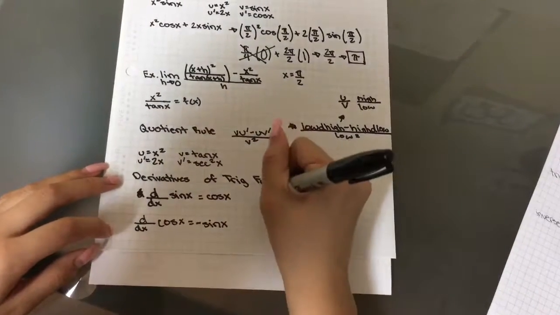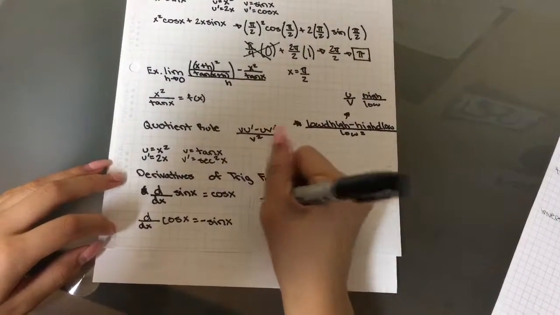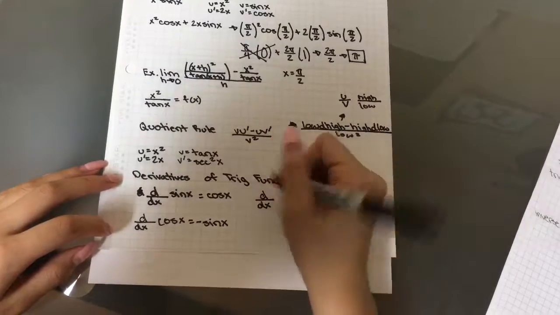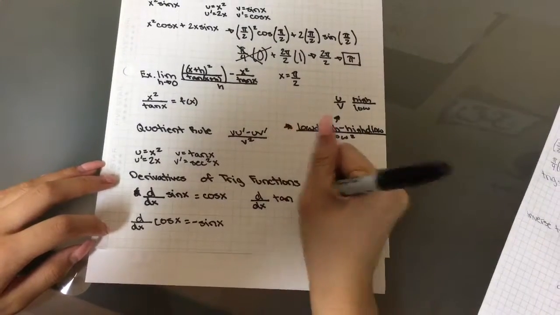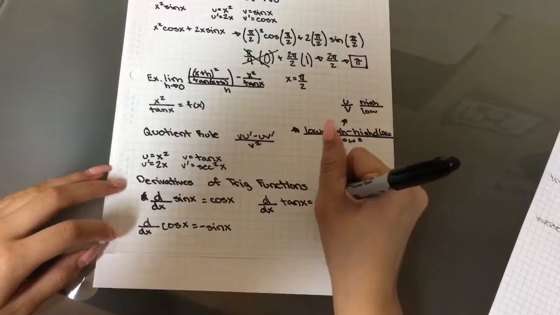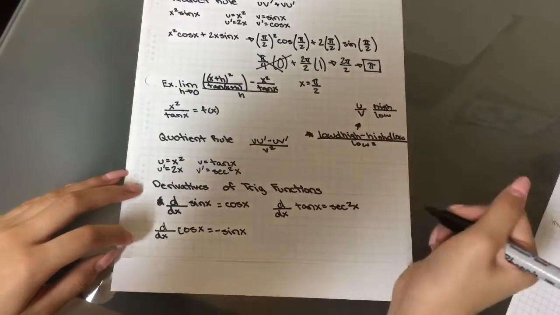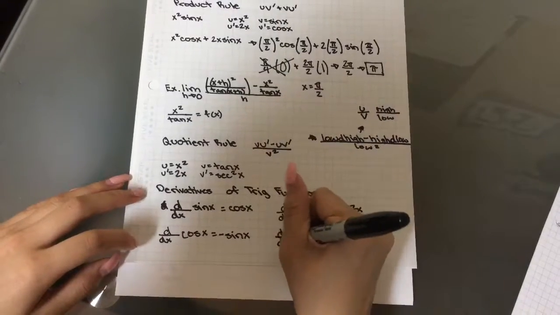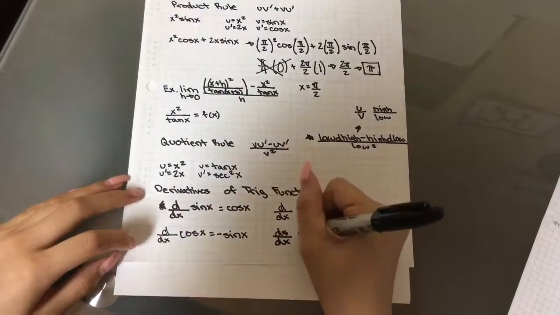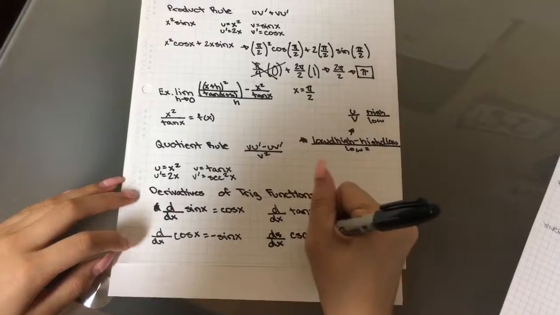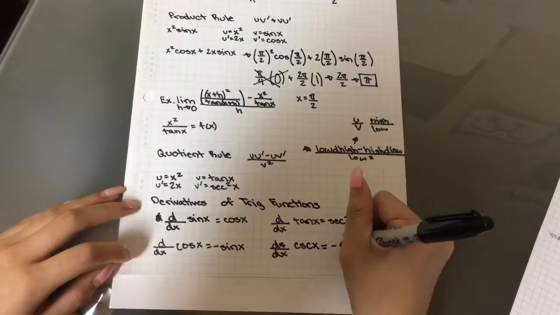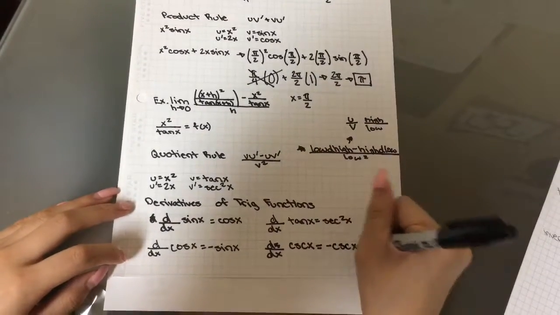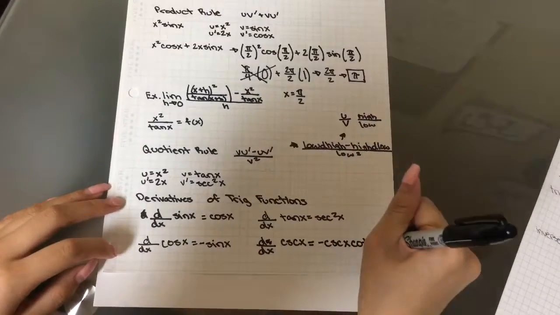The derivative of tangent of x is equal to secant squared of x, while the derivative of cosecant of x is equal to negative cosecant of x times cotangent of x.